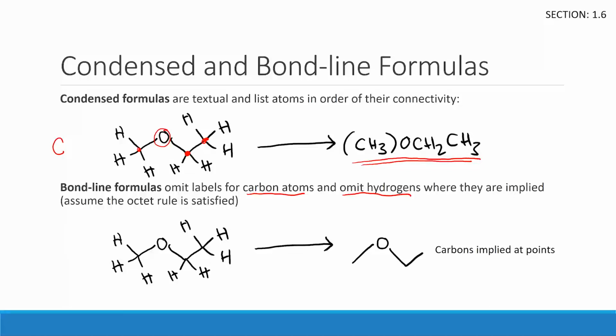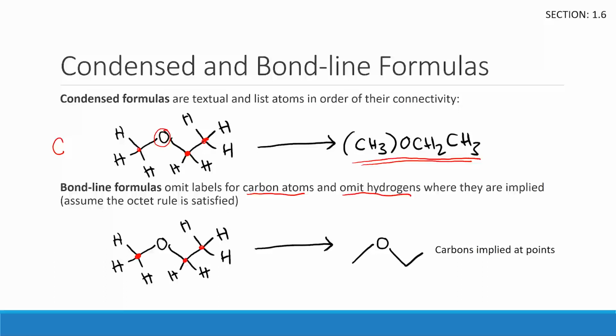So we have to, again, assume that the octet rule is satisfied, assume that each carbon is making 4 total bonds. So here's an example. It's the same molecule from above. Again, I'm going to point out that every point along the molecule, here, here, and here, we're assuming that implies a carbon. Every point is a carbon.